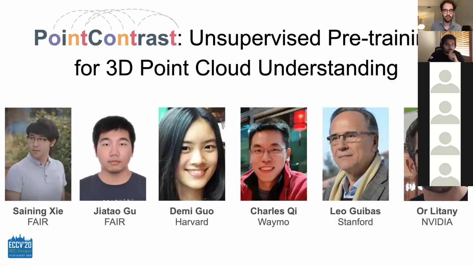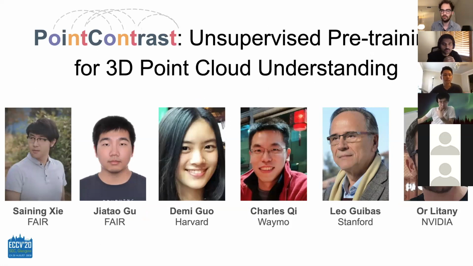So for PointContrast, this paper makes the case that there is no equivalent to the ImageNet pre-training concept for 3D networks yet. So many are still trained from scratch. But the problem seems to be that ImageNet might also be successful because cameras are so similar. Between different datasets, you have a domain gap, but less of a technical gap.